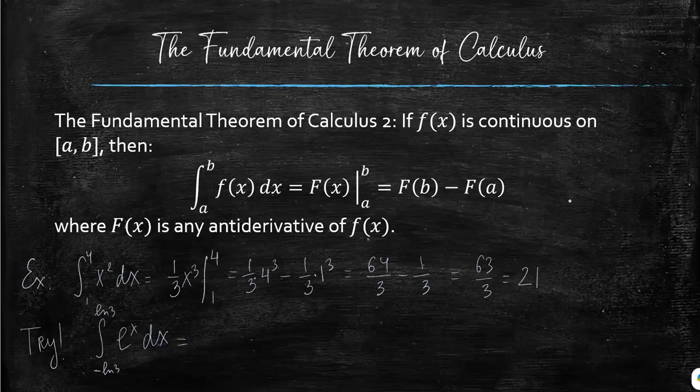So using the same notation, I'm going to find the antiderivative of e to the x, which is e to the x. I'm going to express it like this, and interpret this notation as the difference of e to the power ln of 3 and e to the power negative ln of 3, which is just 3 minus 1/3, 8/3.